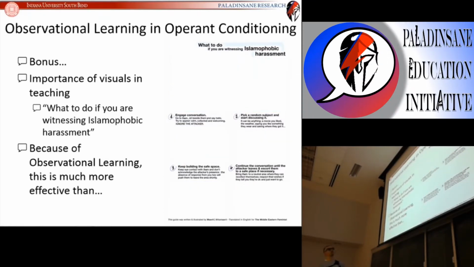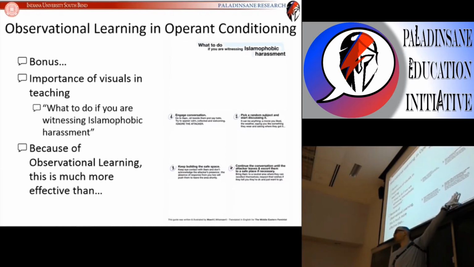Notice that this has the information still there. What to do if you're witnessing Islamophobic harassment. Engage conversation. Go to them. Sit beside them and say hello. Ignore the attacker. You can get all the information for all the steps from just this verbal description.